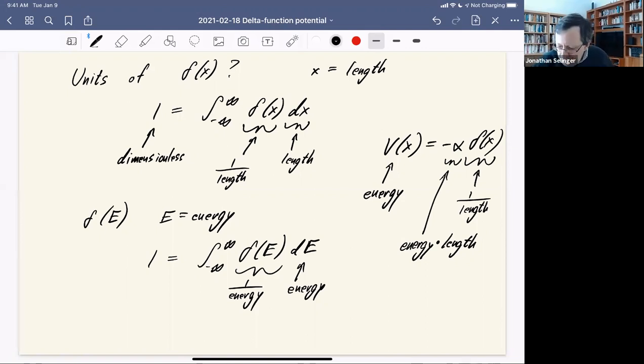Okay, so let's see if we can solve the Schrodinger equation with this potential energy function.